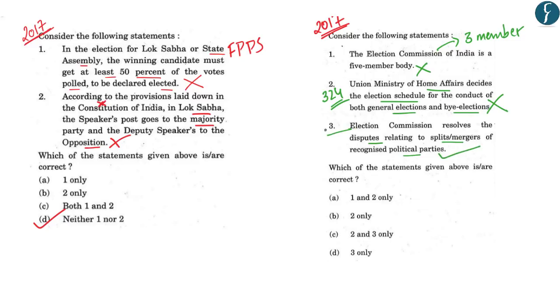The third statement basically is in reference to the 10th schedule of the Indian Constitution, also known as the Anti-Defection Law. Thus, any dispute which arises out of the mergers or the splitting or even in relation to party symbols, etc., they are all resolved by the Election Commission of our country. Therefore, the right answer to this question was D, 3 only.